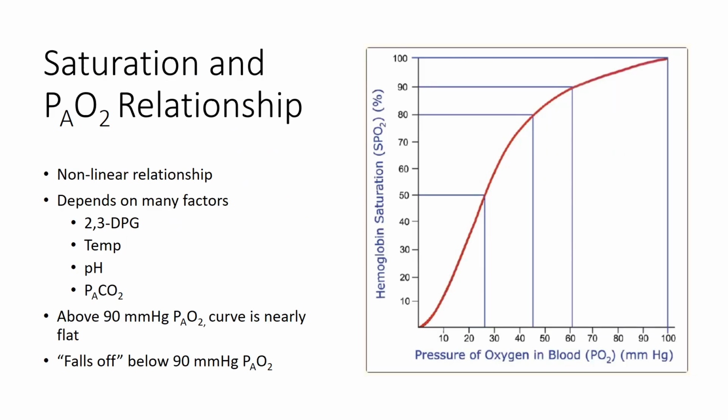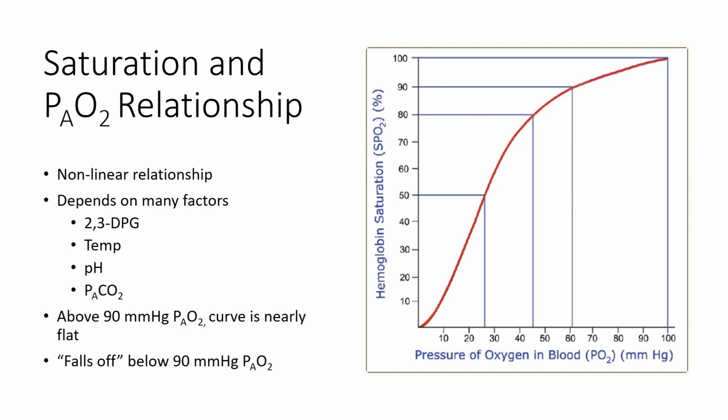All right, this topic comes up over and over again: saturation and PaO2 relationship. This is a curve that you'll see forever, the oxyhemoglobin dissociation curve. Saturation and oxygen concentration is a non-linear relationship, as you can see over to the right. Where you fall along this curve depends on many factors.